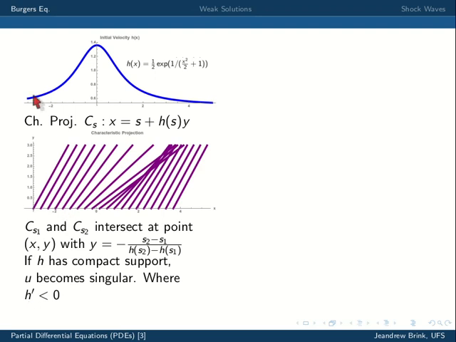Look at this: here the derivative is positive, is increasing. The characteristics in this equation tend to flare away from each other, so they're not going to intersect. But where the derivative is negative, there's a possibility that they intersect.